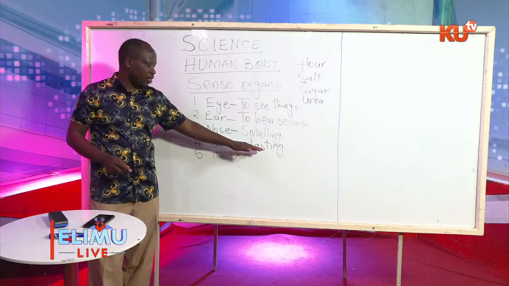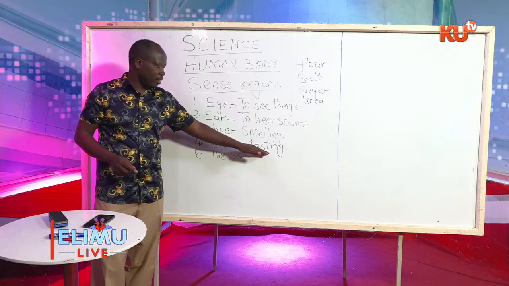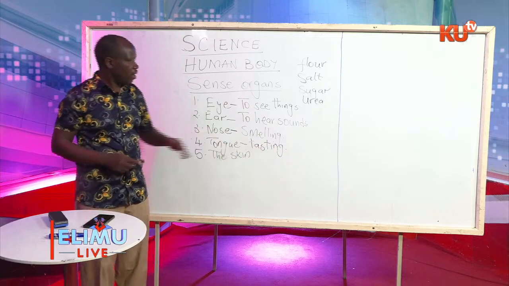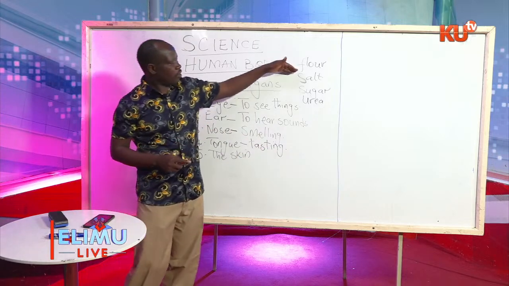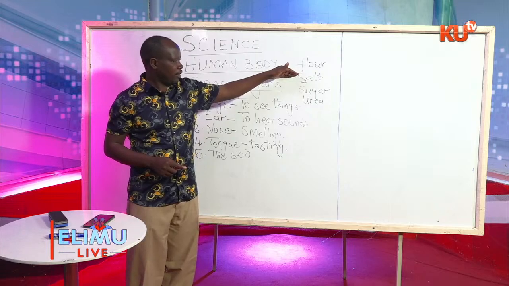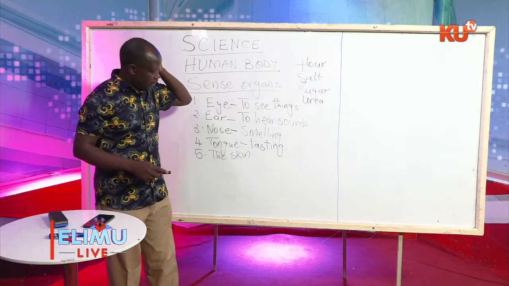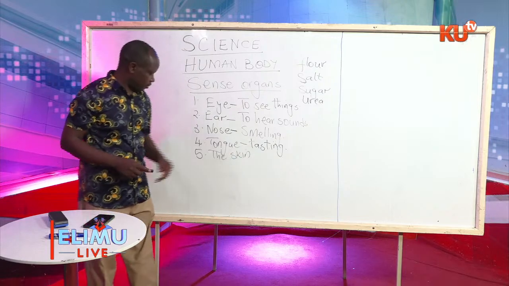When you taste, you will know whether something is sweet or it is bitter or it is sour. For instance, the taste of salt is bitter. The taste of sugar is sour. The tongue will help you to taste.